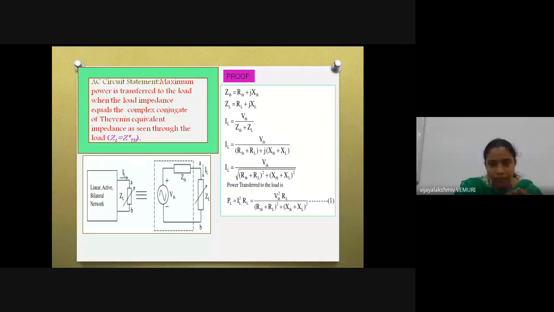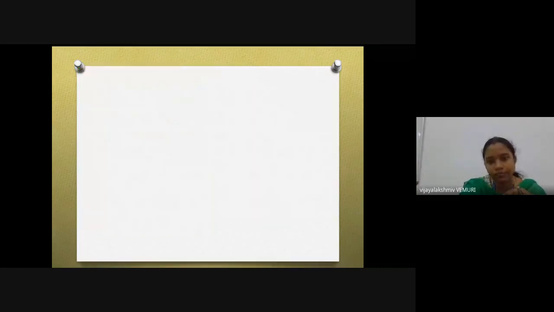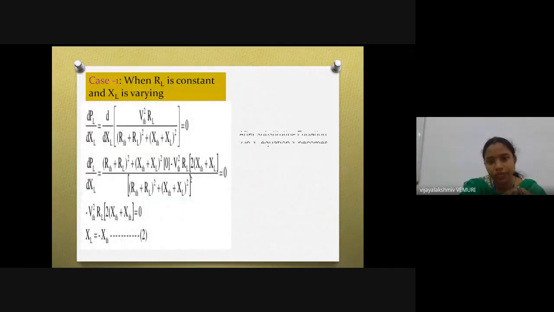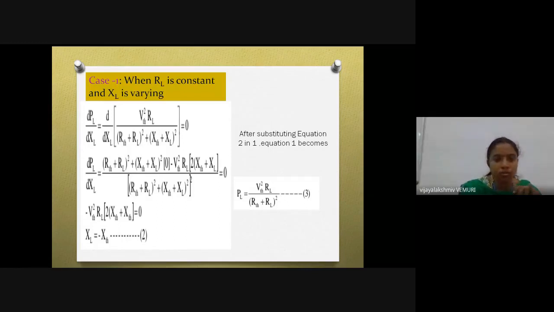If this part becomes 0, then you are left with the power equation equal to VTH square into RL divided by RTH plus RL whole square. This is our power equation when XL is varying and RL is constant. Am I clear till here?